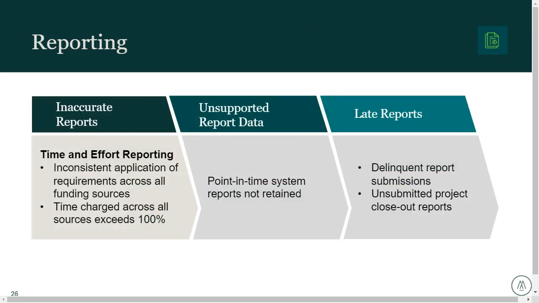All right, so with reporting, we have three categories here: inaccurate reports, unsupported report data, or late reports. The biggest one that I've seen in reporting is the time and effort reporting. If you have salary costs that are being applied to your award, you need to make sure that it's the actual time spent by the employee on the activities of that federal program.